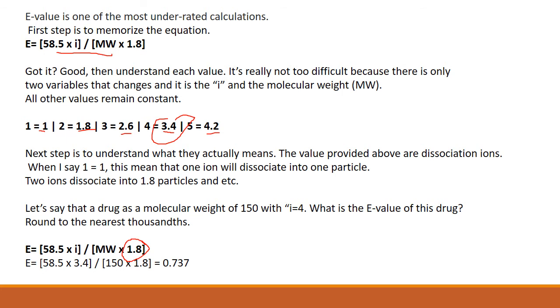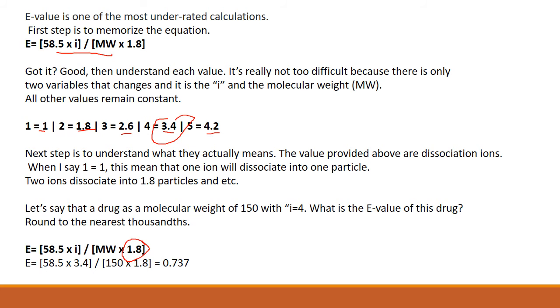Remember, if we have one ion or a non-electrolyte, the Van Hoff factor I or the dissociation factor is 1. For 2-ion dissociation, we have 1.8; 3 ions, 2.6; 4 ions, 3.4; and 5 ions, 4.2. You have to remember the Van Hoff factor or the dissociation factor if your ion is 1, 2, 3, 4, or 5 respectively.